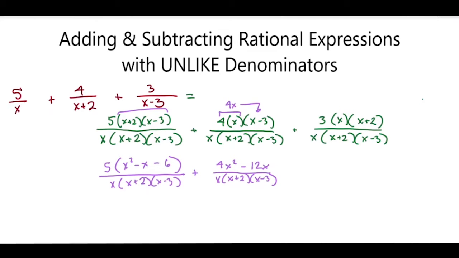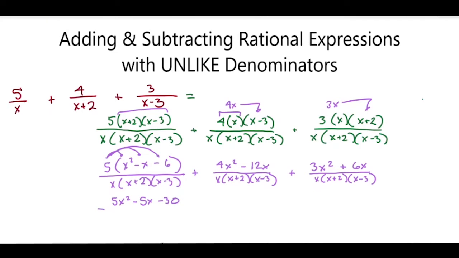So that gives us 4x squared minus 12x over our denominator, plus, now I'll treat this as 3x and multiply it by x plus 2 with the distributive property. So that gives me 3x squared plus 6x all over our denominator. So now I will distribute my 5 into this parenthesis, and that leaves me with 5x squared minus 5x minus 30.